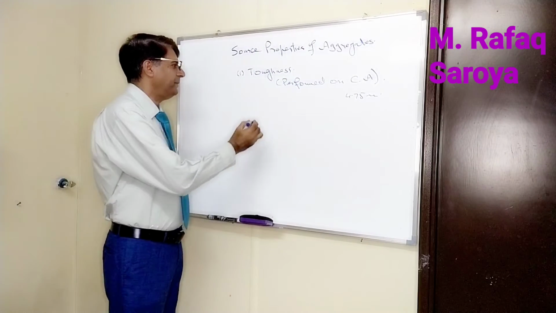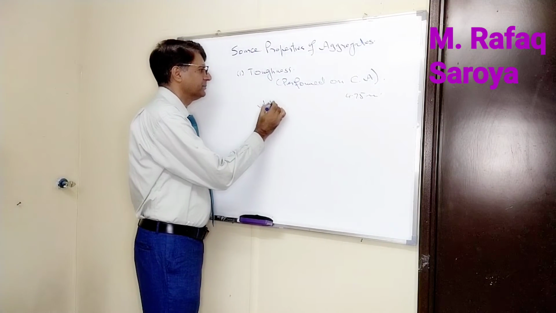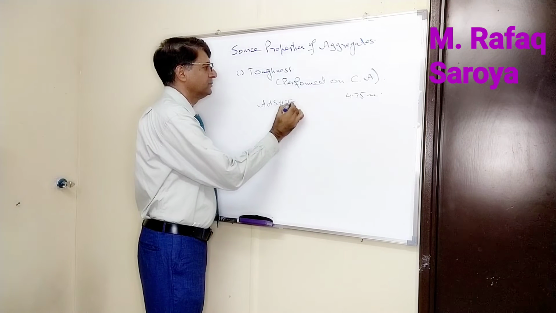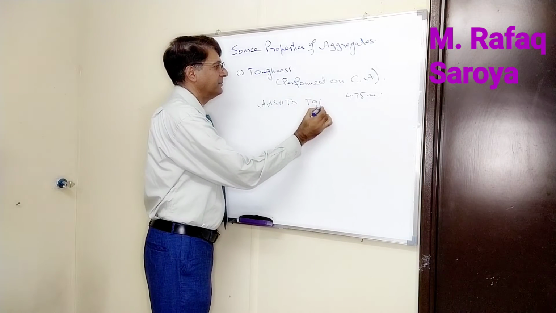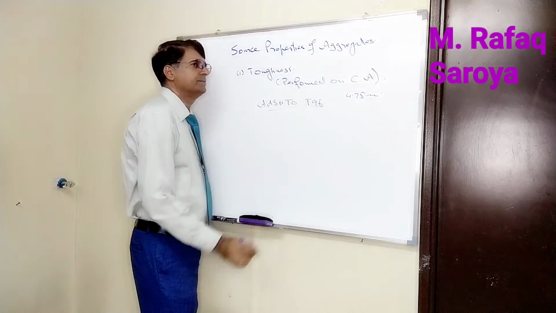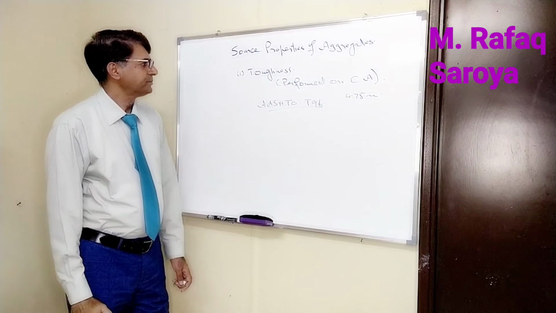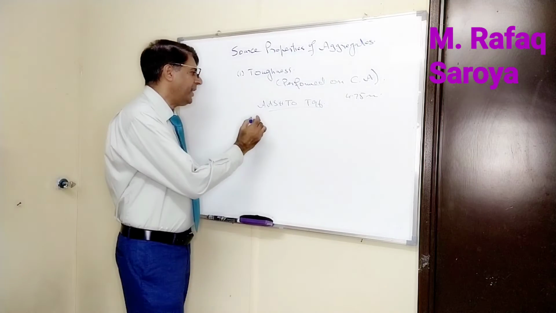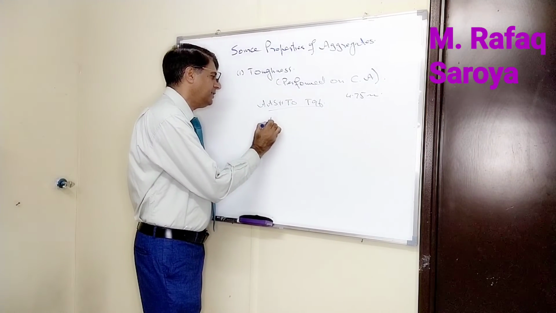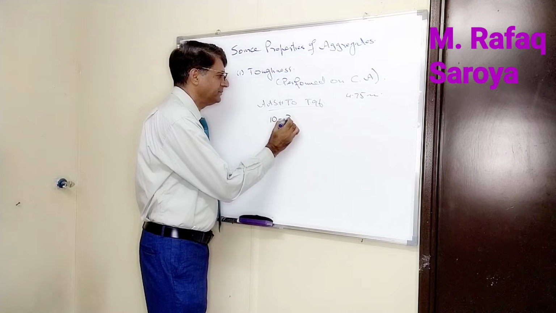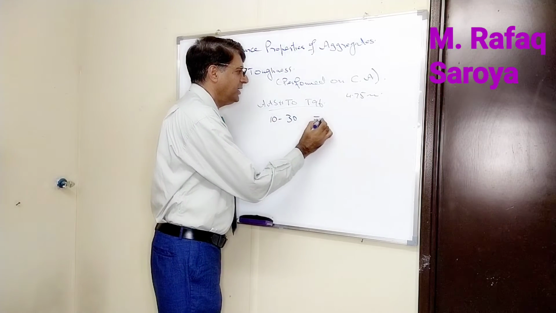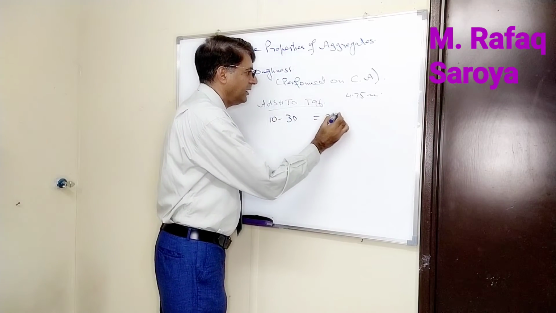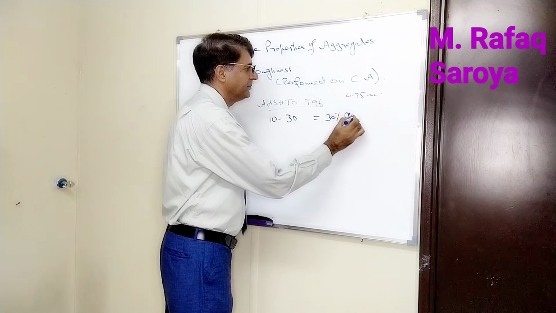And its value is found out by AASHTO T96. And its value also depends on the traffic level. For my traffic level under discussion, its value is 30% maximum.